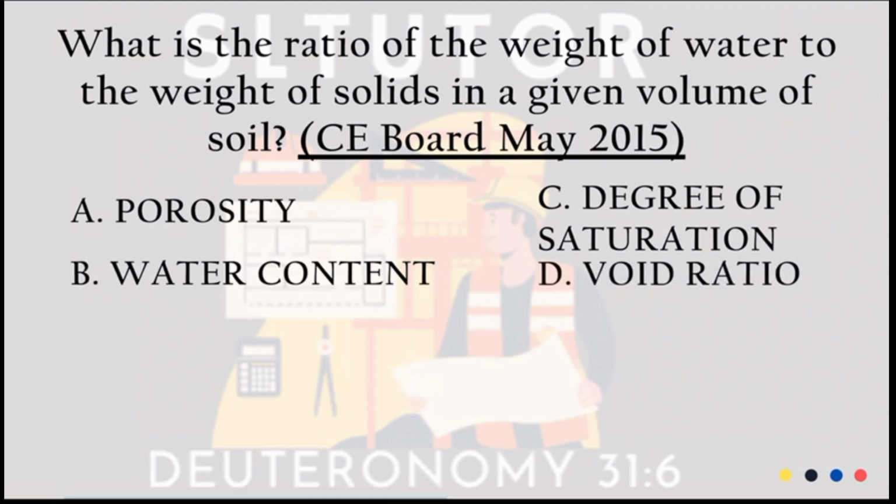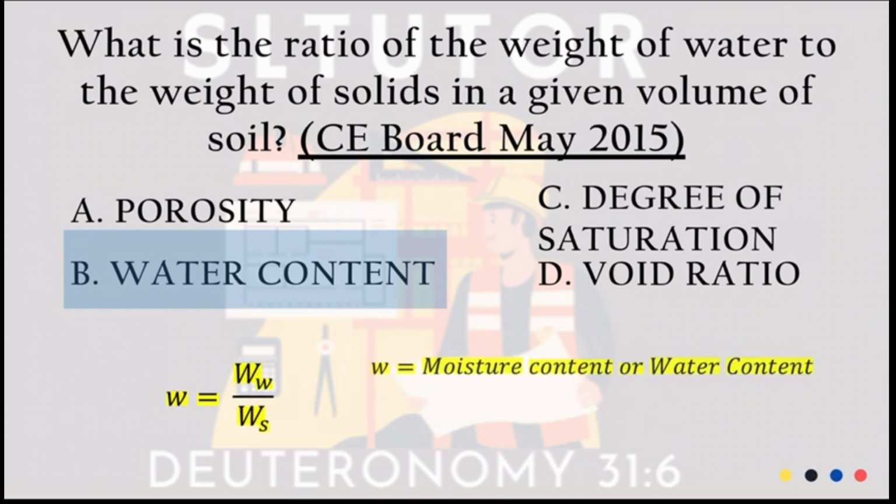Ano ba yung mga content na merong weight of water and weight of solids? That is letter B. So, ito po yung formula ng water content. W, meaning moisture content or water content. W sub W, weight of water, and W sub S, weight of solids.